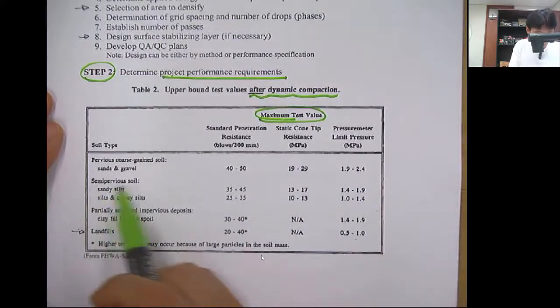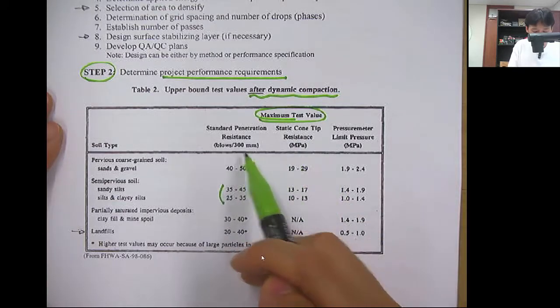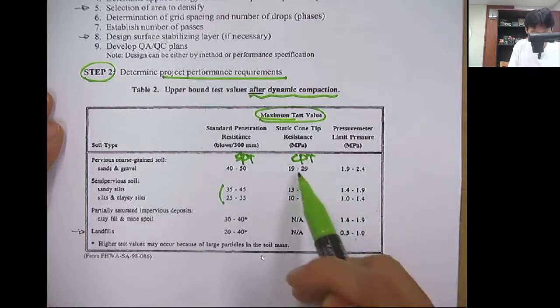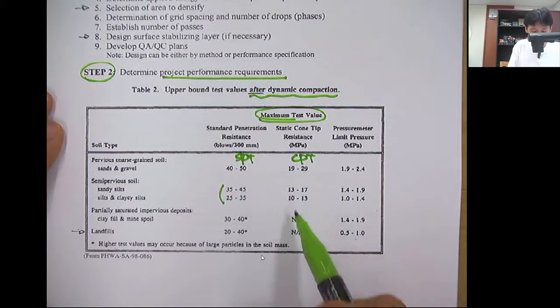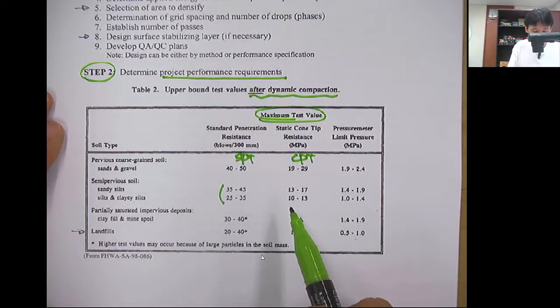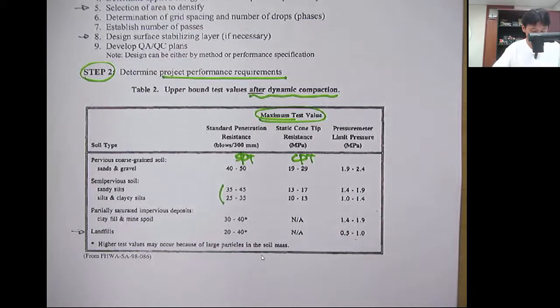And for the semi-pervious soil, you have a different value. And if you're using CPT instead of the SPT, it shows the criteria value for reference when you do the quality assurance or design the deep dynamic compaction.